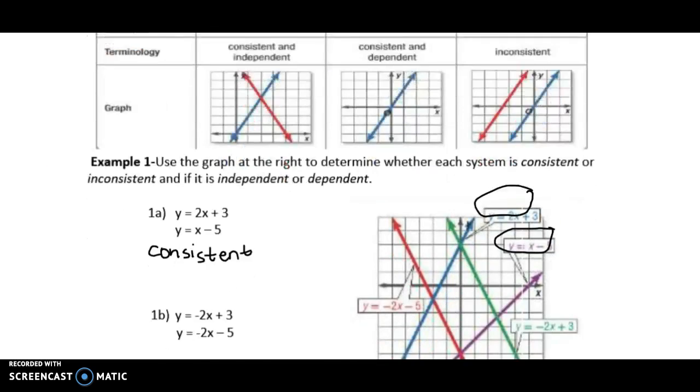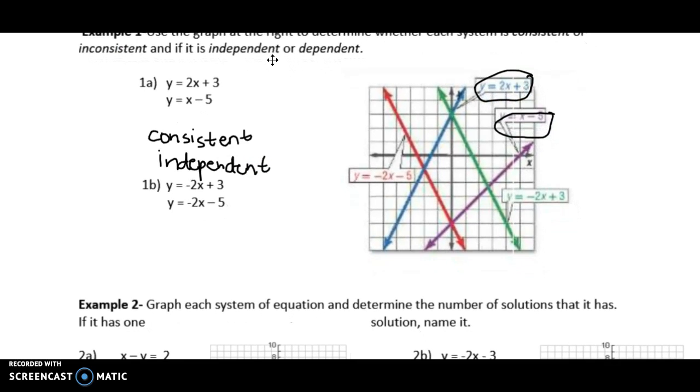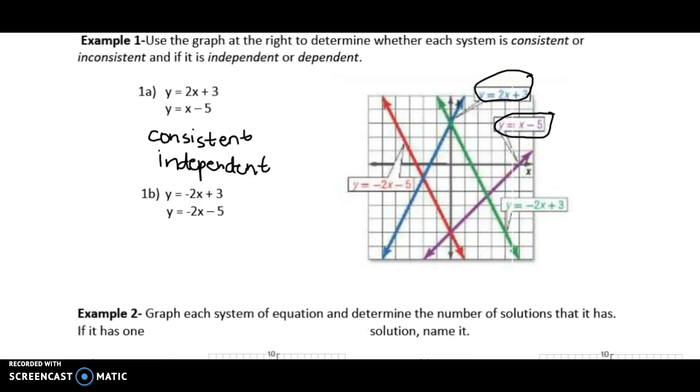The solutions are independent. So here I'm going to say independent. All right, let me fix this really quick. It got a little bit off. There we go. Sorry about that.